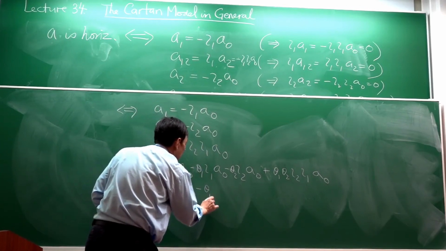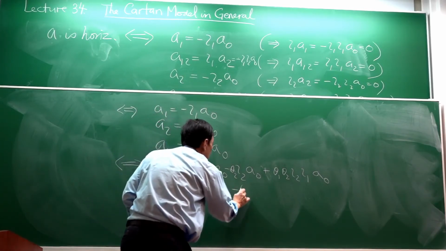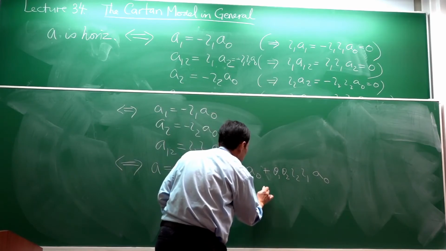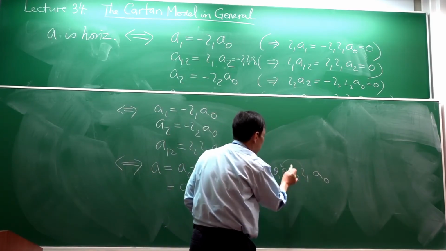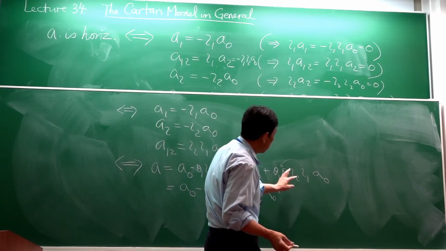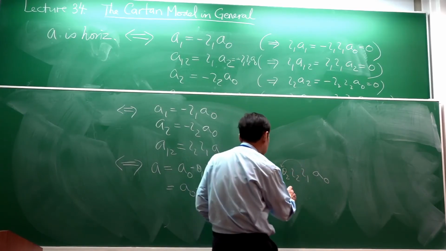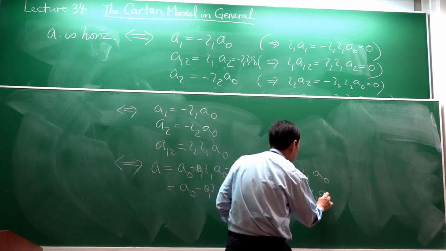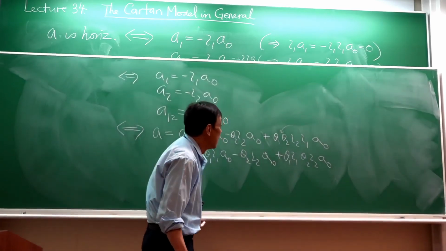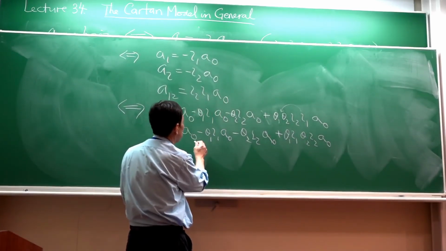And you can write this as, now I can move this here. If I move it across two things, the sign doesn't change. Okay. And so I can factor this.